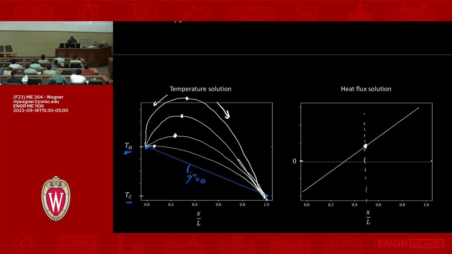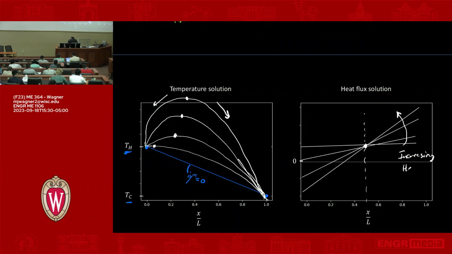I could draw a straight line. You have a solution like this, like this, like this, and so on. This direction here is increasing, or over here on the left-hand side, this is increasing.